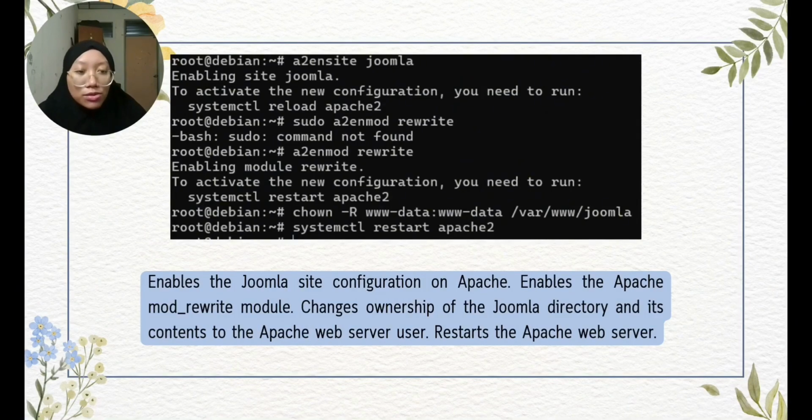For the command, chown -R www-data:www-data with the directory /var/www/joomla. This changes ownership of the Joomla directory and its content to the Apache web server user. After that, we have to restart the Apache web server with the systemctl restart apache2 command.